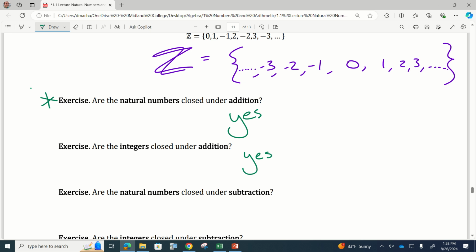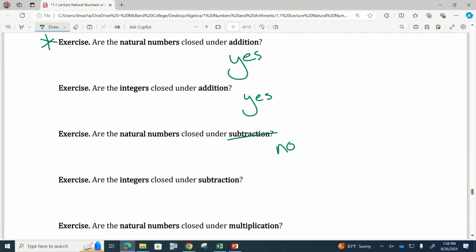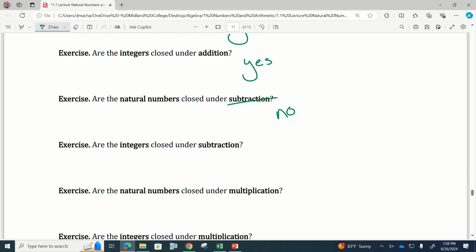Yes. Always, no matter what your 2 integers are, you add them together, you get an integer. Are the natural numbers closed under subtraction? Nope. We talked about that. 3 minus 5 does not exist. Are the integers closed under subtraction? Yes, because 3 minus 5 in the integers gets to be -2, and that's an integer.